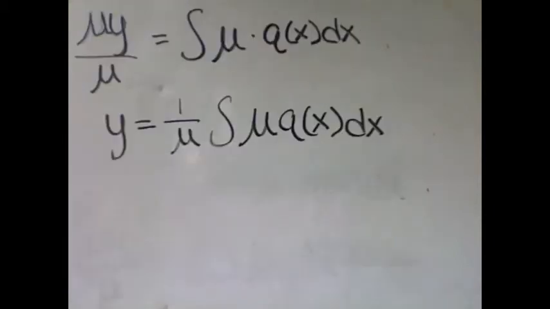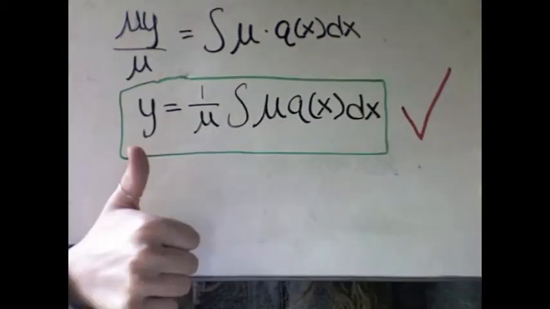Next, we divide both sides by mu, and we get y equals 1 over mu times the integral of mu times q of x dx. And finally, this is the final equation for using the integrating factors method.